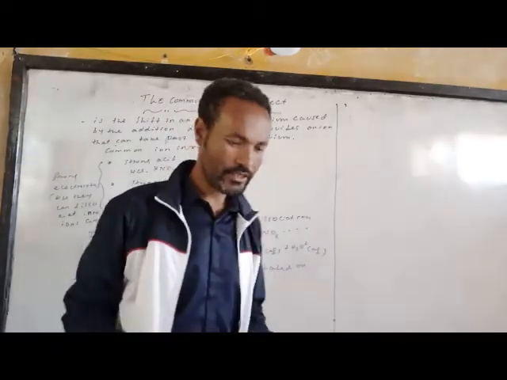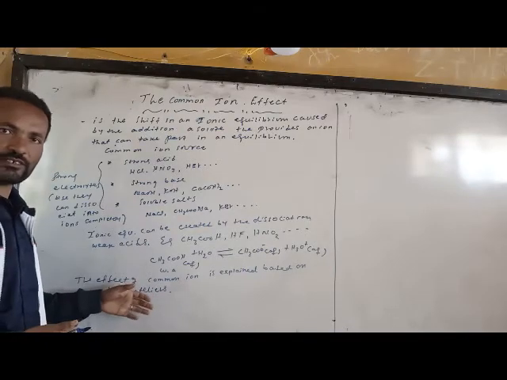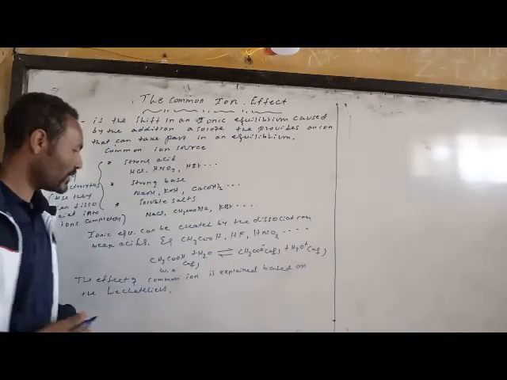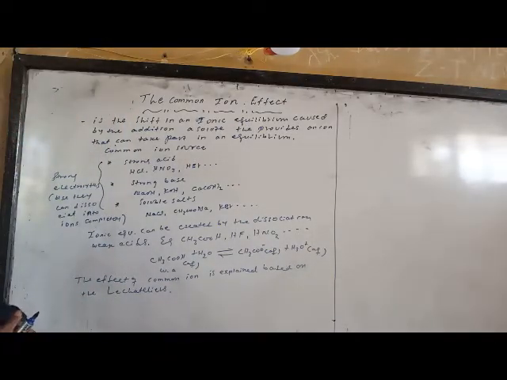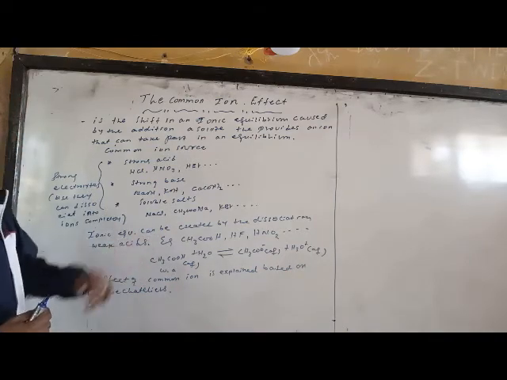This principle states that if a species that can take part in the chemical equilibrium is added to a certain reaction in a chemical equilibrium, it will affect the position of that equilibrium.